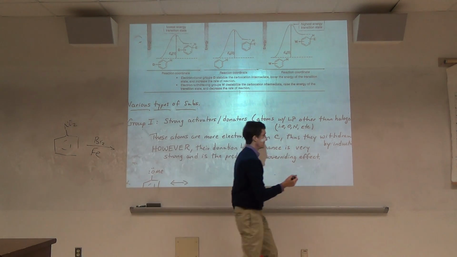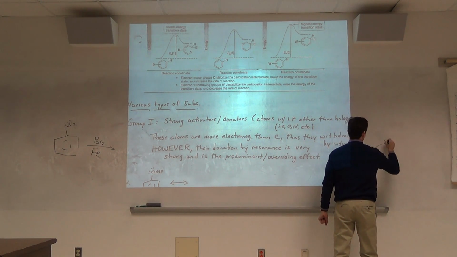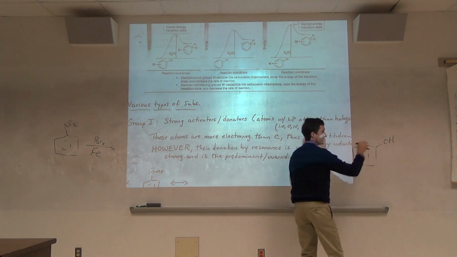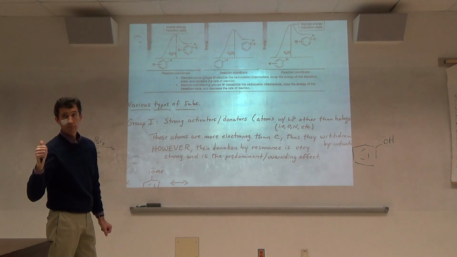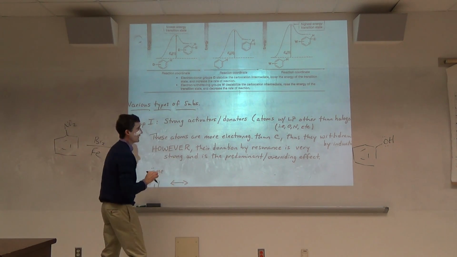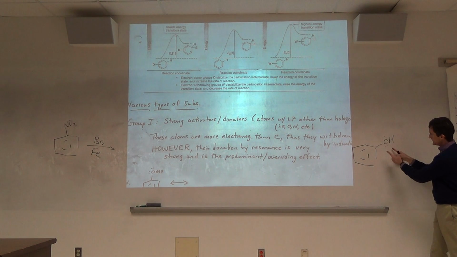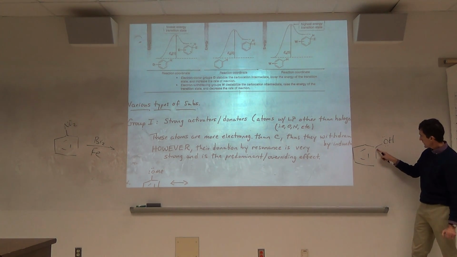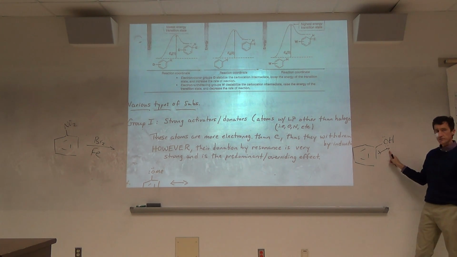For example, right here, there's an example of group 1. That's an atom with a lone pair, it's not a halogen. Strong activator. Why is that an activator? First off, electronegativity. Which is more electronegative, carbon or oxygen? Oxygen. So in terms of the sigma bond, it's electron withdrawing.